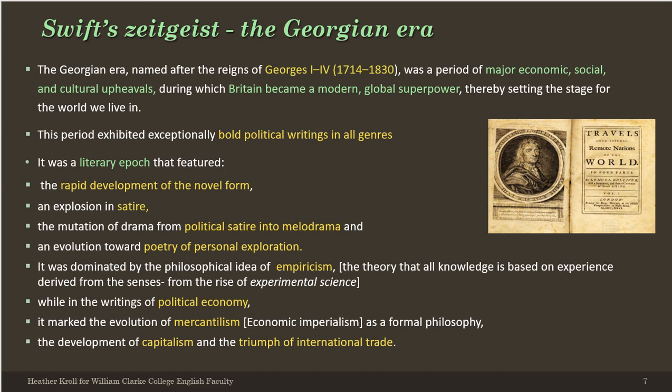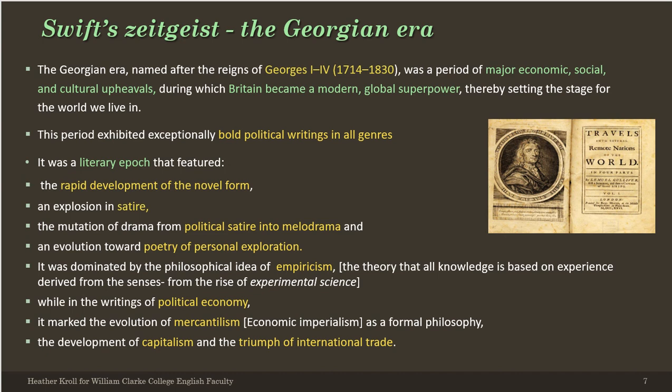The philosophical ideas of the writings of political economy are ideas that we see very much throughout the political commentary, particularly in the first 2 or 3 journeys of Gulliver. Other philosophies of this era include the evolution of mercantilism, which is an economic imperialism.